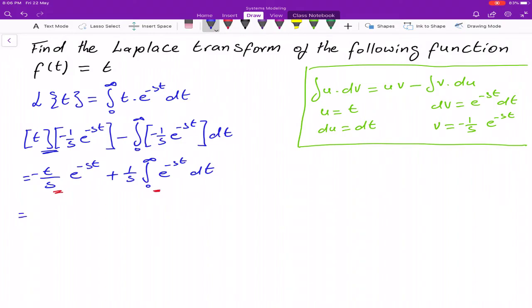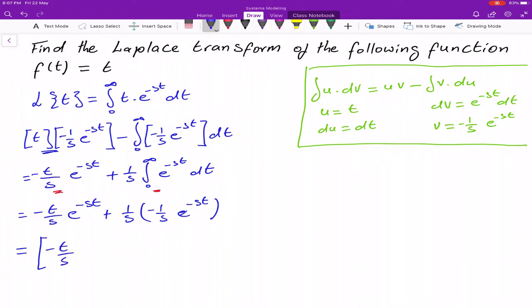So let me just rewrite this. It is minus t over s times e to the minus st plus 1 over s multiplied, if we integrate that, we're going to have 1 over s e to the minus st. Okay. Now, again, just to clean up the equation, do a little bit of algebra work. I'm going to put this together.